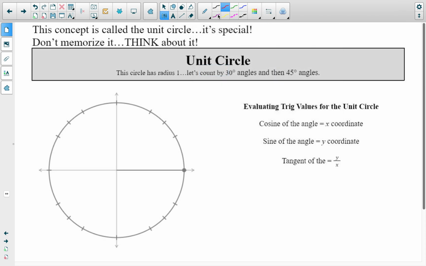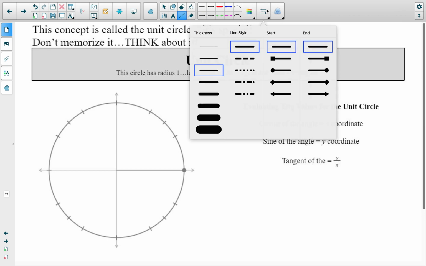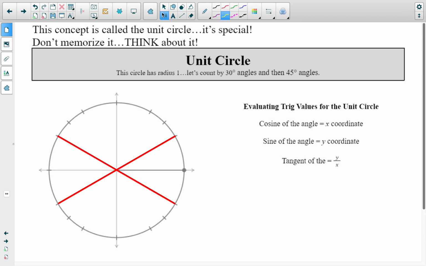So I'm going to choose my lines very carefully. I want to choose a line segment, and I'm going to choose a red color. All right, so let's see how we can do. This is going to be the side that our 30-degree angles go through. These are the ones I just labeled for us. All right, and they go through the center of the circle as well.